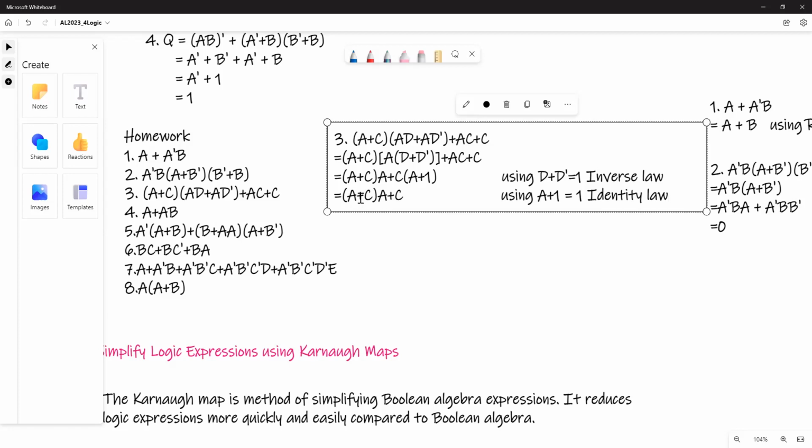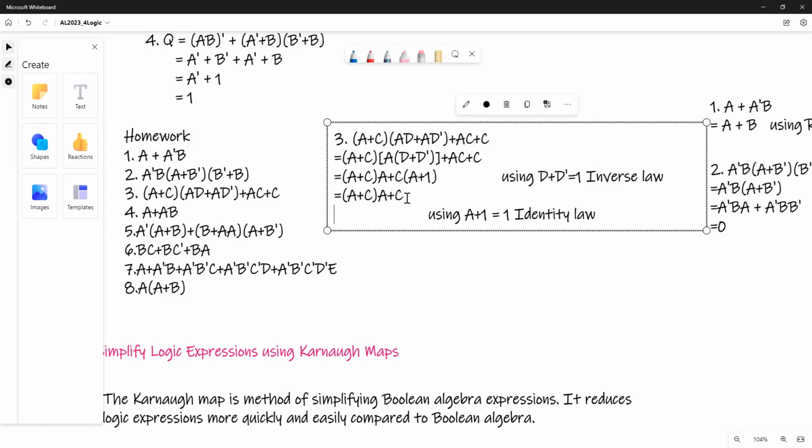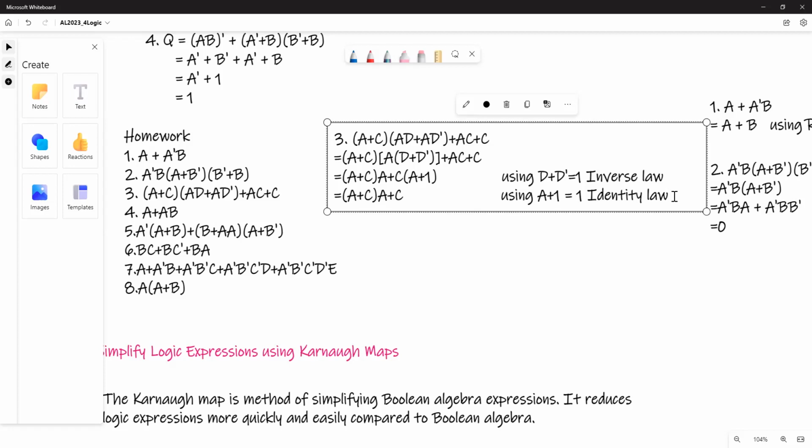Now we can simplify this one as well, because we have A plus C into A plus C. Remember that this is like two separate terms. This is not a single A plus C. This part has a multiplication, and here there is a separate C. It's not a single thing.